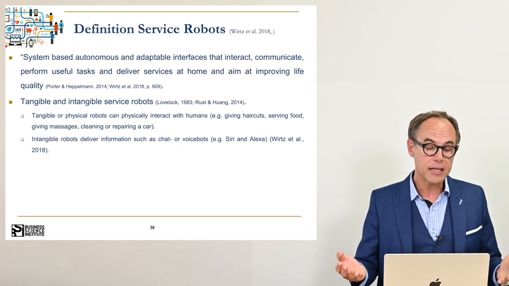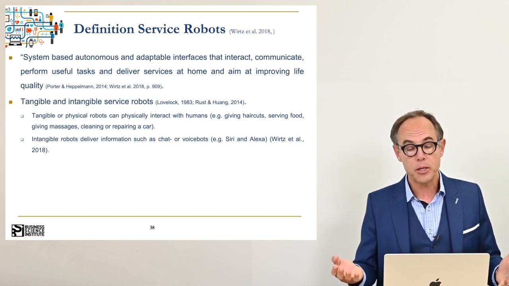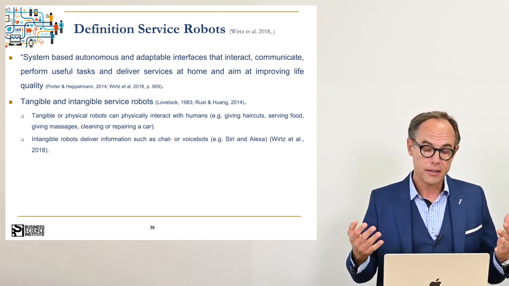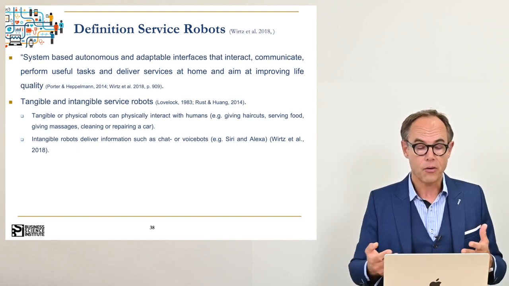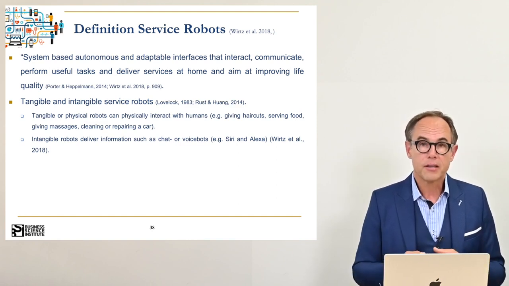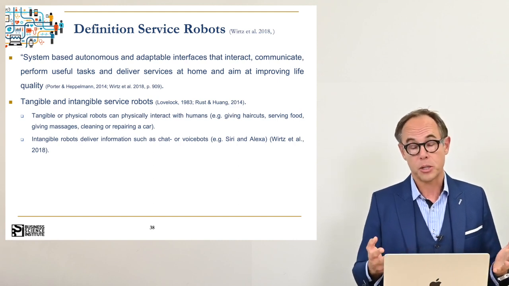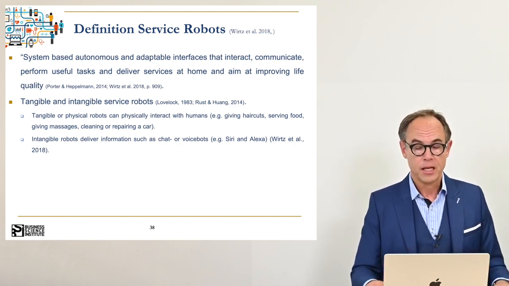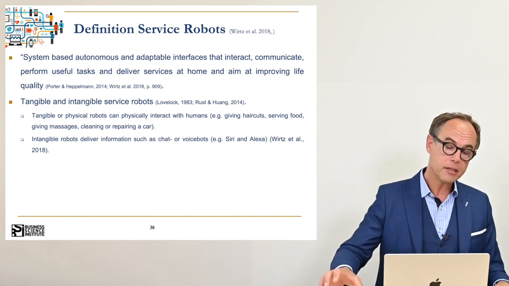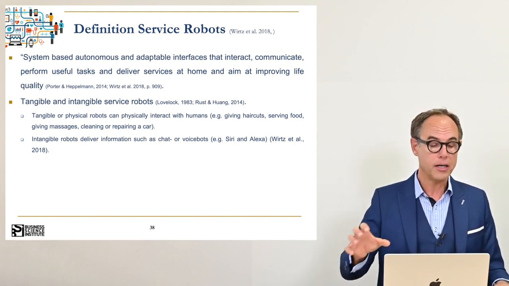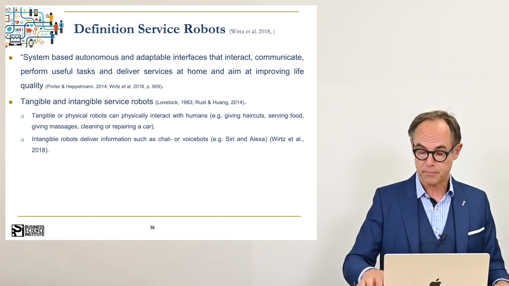And they can be intangible, to deliver information or to communicate with a user, like chatbots or voice bots. The typical examples are Siri or Alexa as a chat and voice bots. So material robots, service robots, or intangible robots, chatbots.